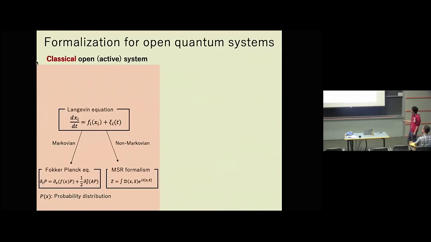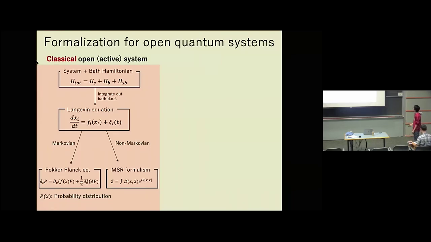But although you don't bother to do this, at least conceptually, you can write down your total Hamiltonian, including the bath, and then by integrating out the bath degrees of freedom, at least in principle, you should be able to derive the Langevin equation that you have in mind.